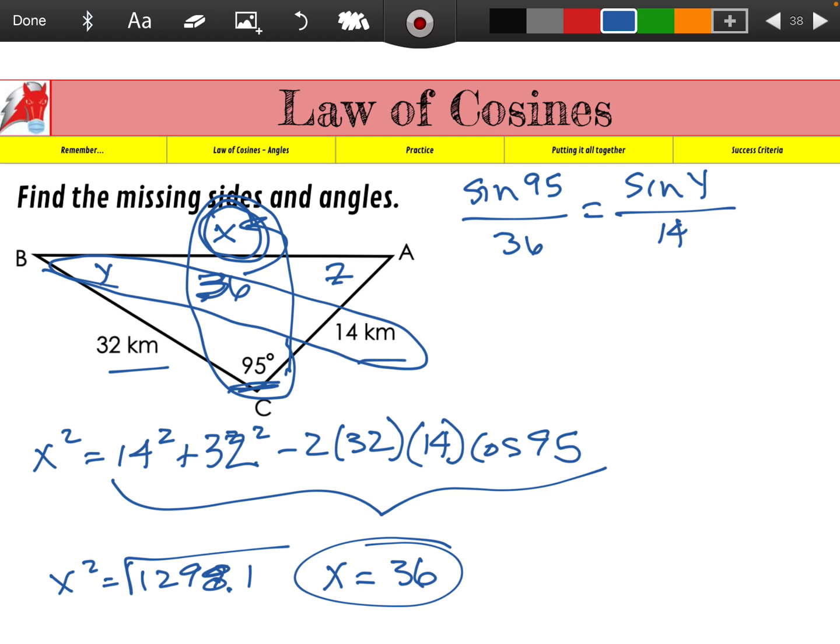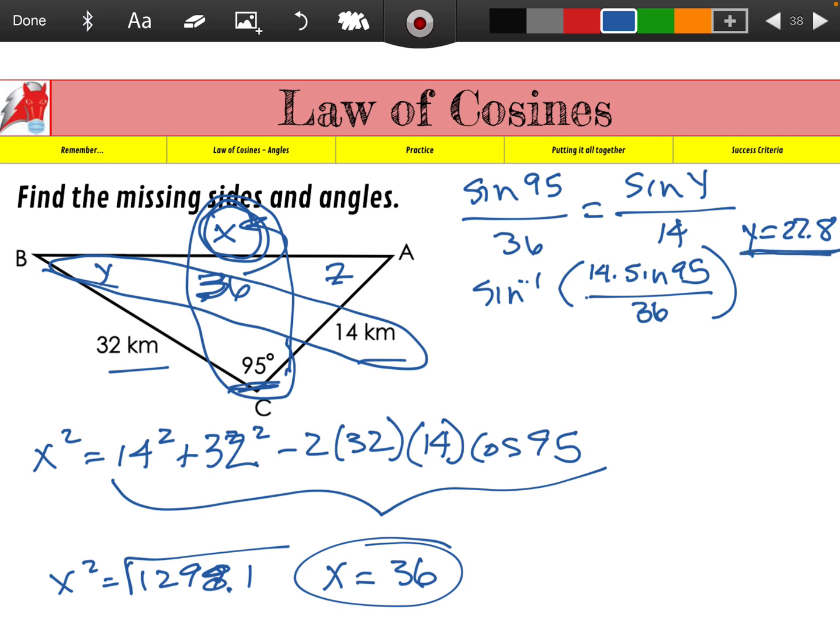I'm going to have to inverse. So that means I'm going to go sine inverse of 14 times sine 95 over 36. And that y value will give me, if I round, 22.8. Okay. Well, nicely, I don't have to do any other work to find Z, the last angle here, right?